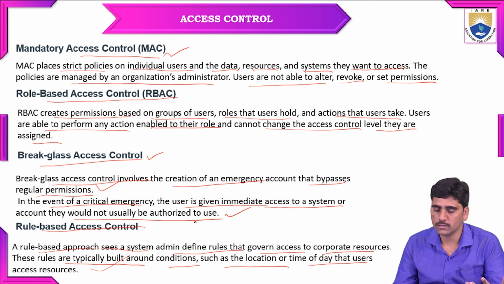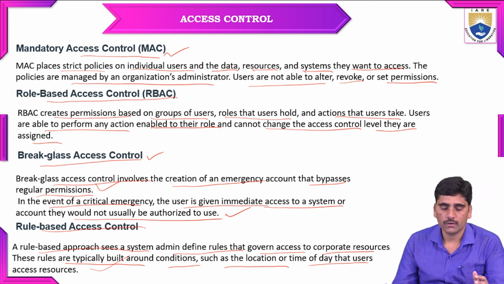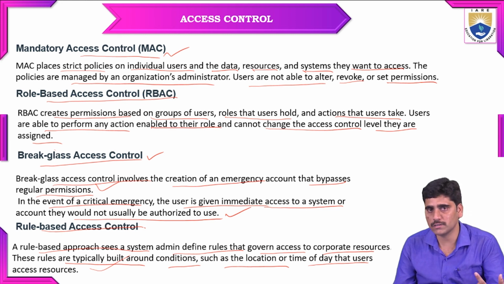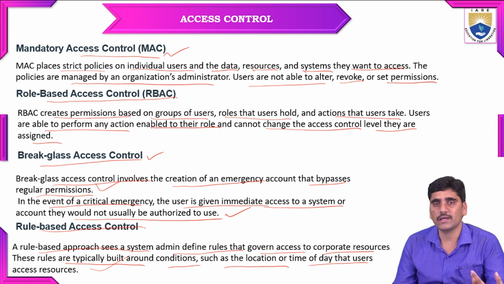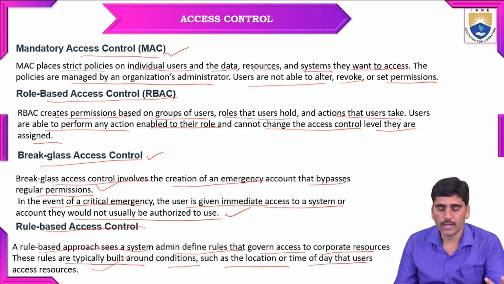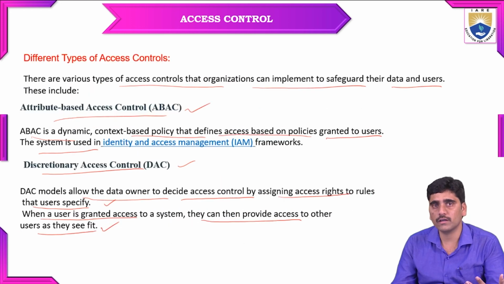So they are providing some rules, and based on those rules only they can access those services or resources. Other than that they cannot access them. So these are the different types of access control we can discuss here.